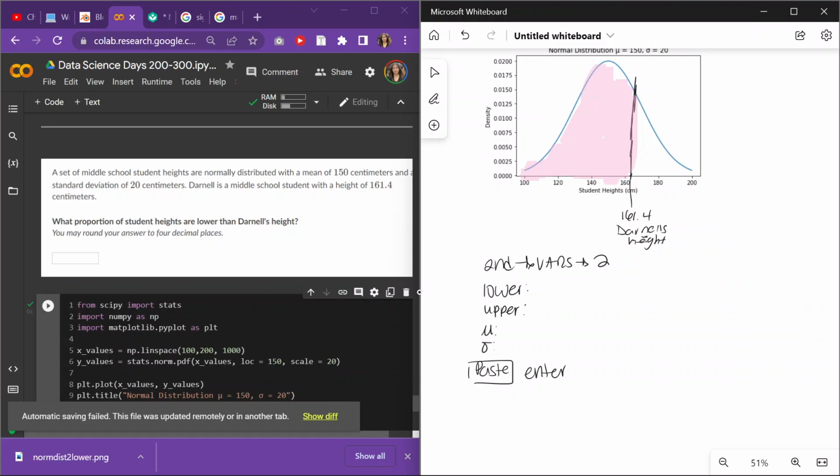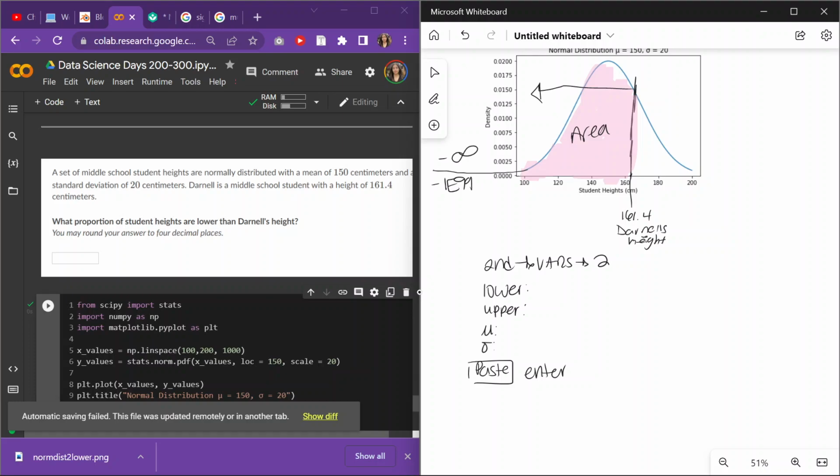So your lower basically is going to be the point that you start at, from left to right. If you want the proportion of all students who have a height lower than Darnell's height of 161, then because this is a normal distribution, it never ends, so it goes on to negative infinity.